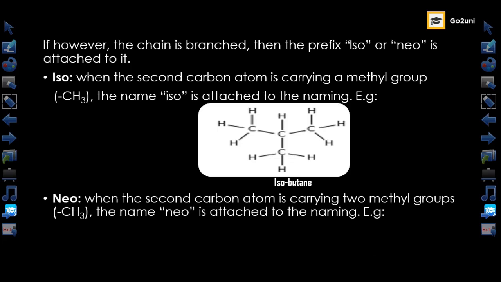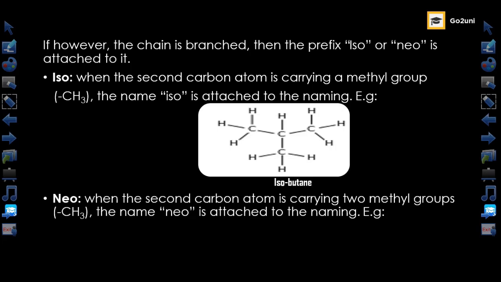What do we mean by an iso compound? When we have a structural compound given and the last but one carbon atom is carrying a CH3, that is a methyl group, such a compound is called an iso.